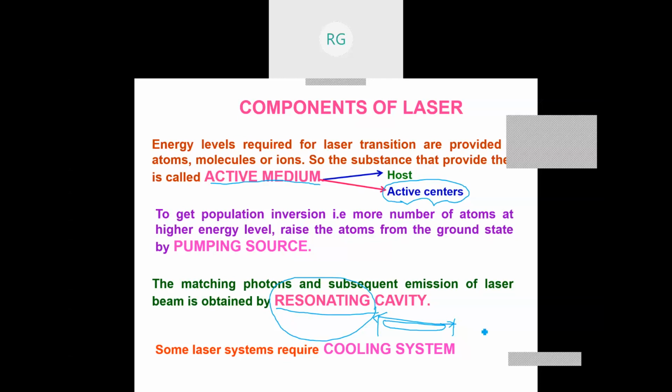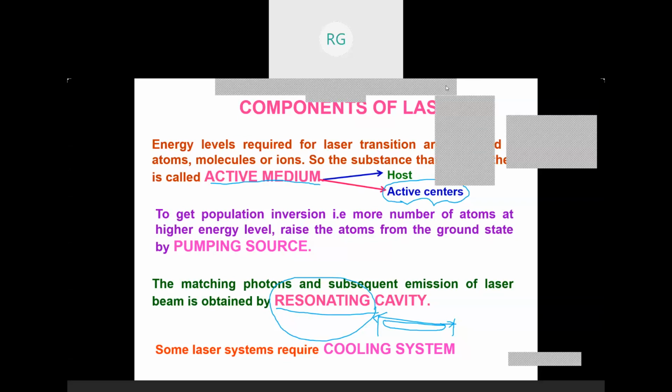Therefore, active medium is of two types, host and active centers. To get lasing action, you should have a larger number of atoms in the excited state than the ground state. So the most important one is to have the population inversion that is given by the pumping source.